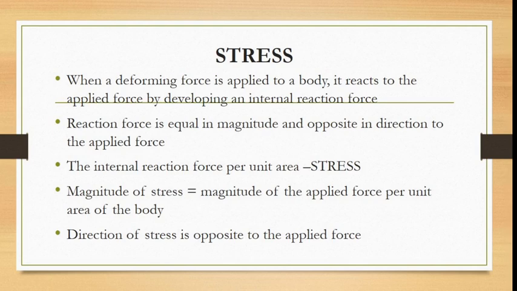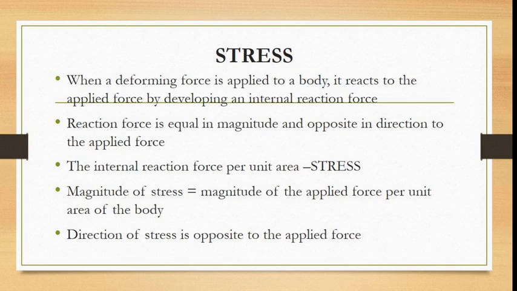Why are we taking magnitude? We know that internal reaction force is equal but opposite to the applied force. So we are just taking the magnitude in order to get the value only. So the stress is also defined as the magnitude of the applied force per unit area of the body.